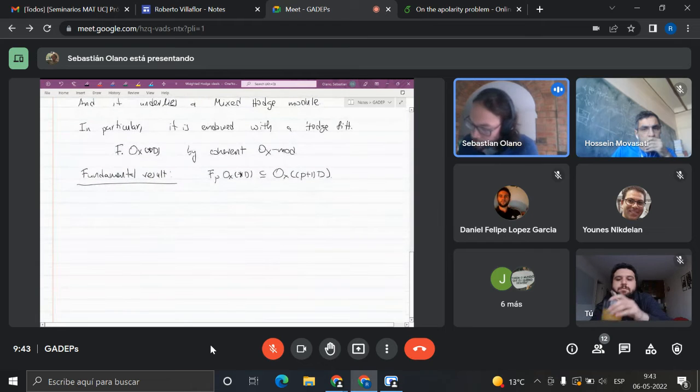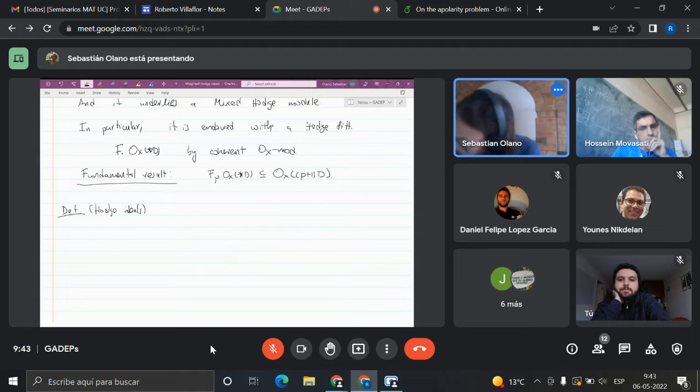And then if you look at these containments, this is the same as the definition of the Hodge ideals in the following way. So this is the definition of Hodge ideals. This containment is essentially the same as having a formula F_p O_X(*D) = O_X((p+1)D) times an ideal.